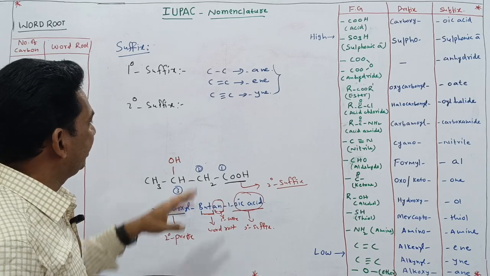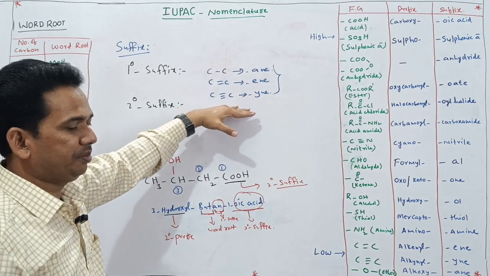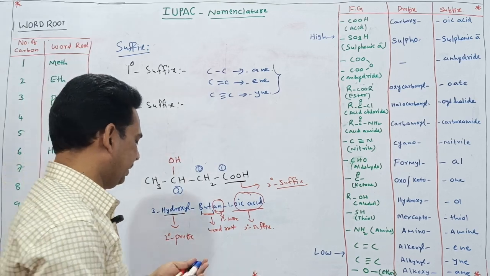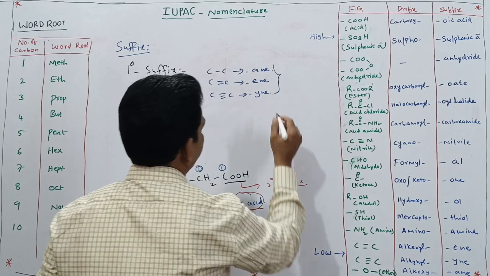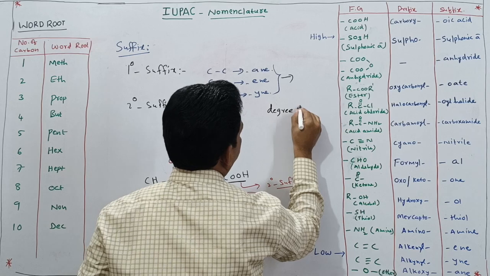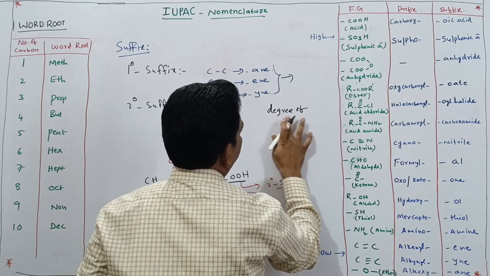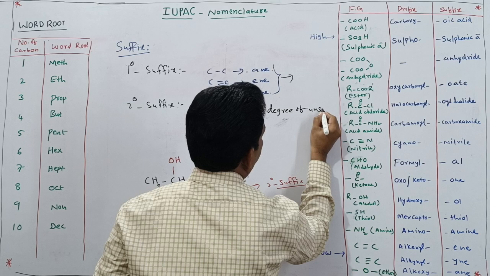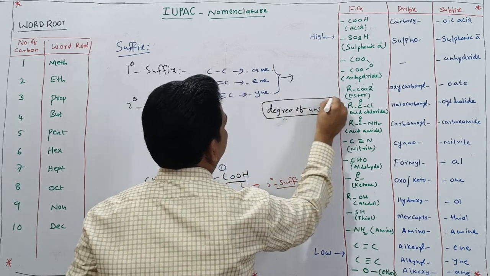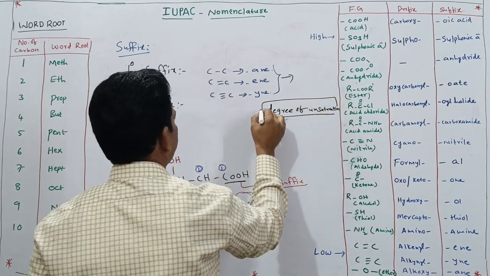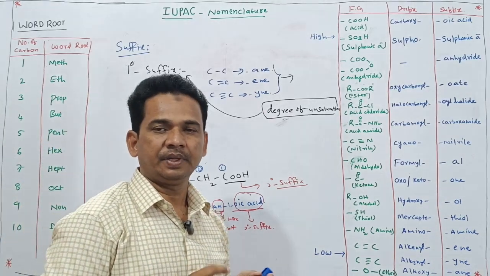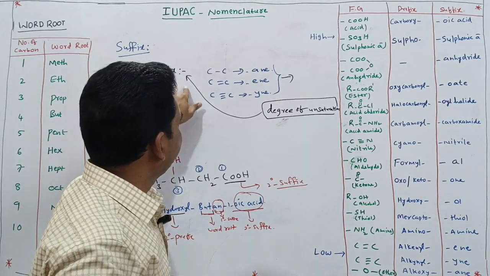In one word, the primary suffix always tells about the degree of unsaturation. The degree of unsaturation is explained by the primary suffix.